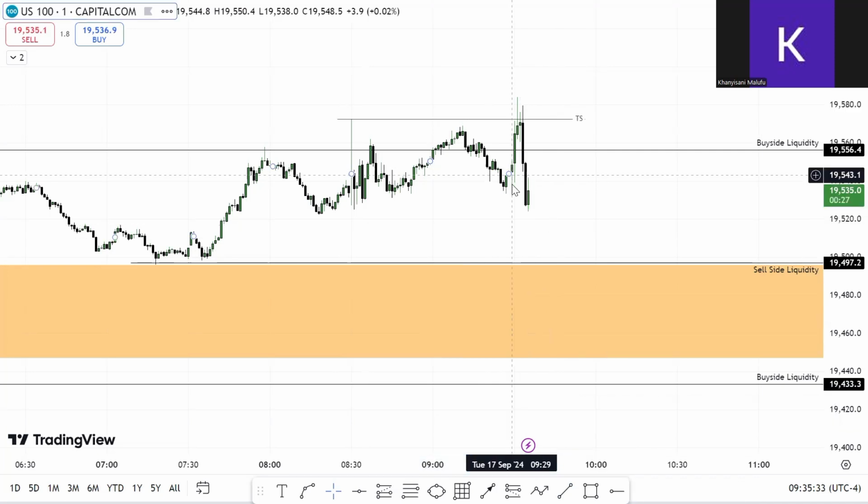So I would like to enter a sell from here, this breaker here, to the sell side.